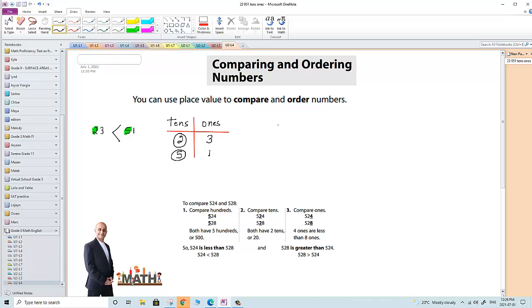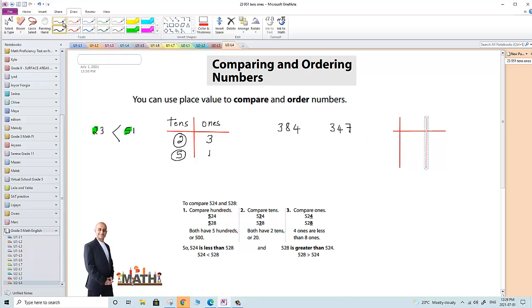If I have another example, 384, and another one, 347, and I'm comparing between both of them, I have to do the same thing. I have to start with the place value chart. In this case I will need 3 columns because I have 3 digits.